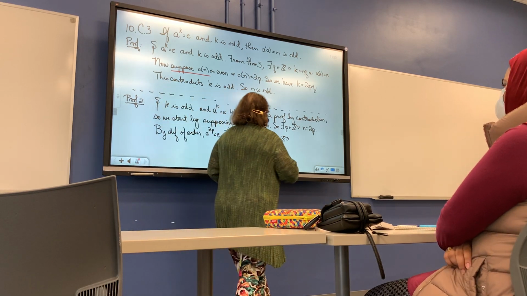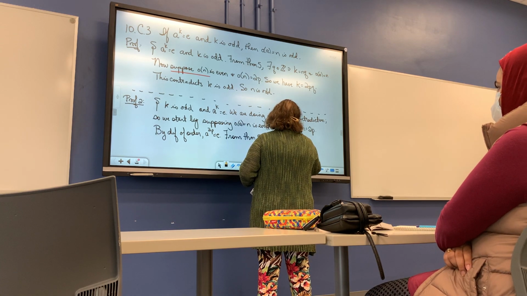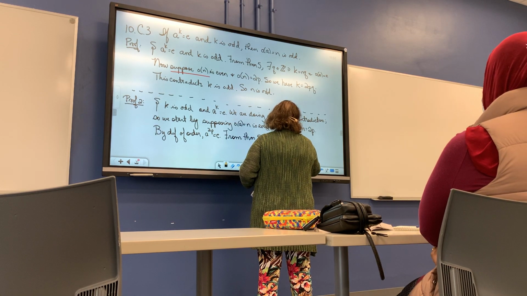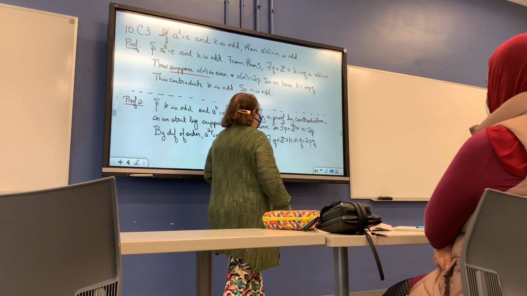Random exponent k equals the order times something, which is 2pq from substitution.